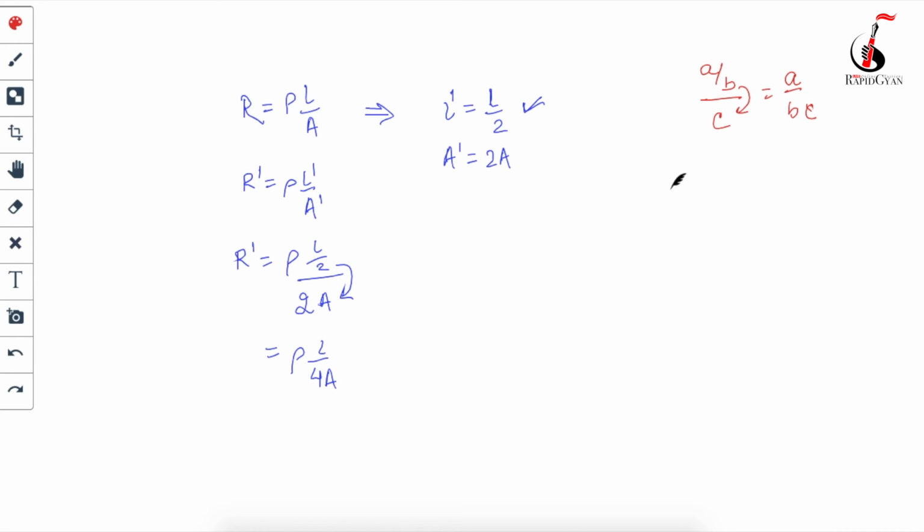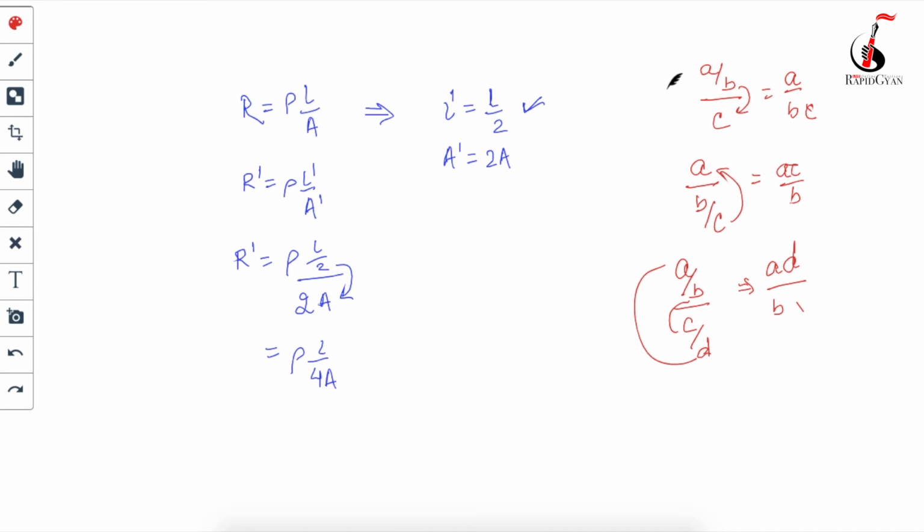And if it's a upon b divided by c upon d, then d will go up, c will come at b, so this will become a times d divided by b times c.